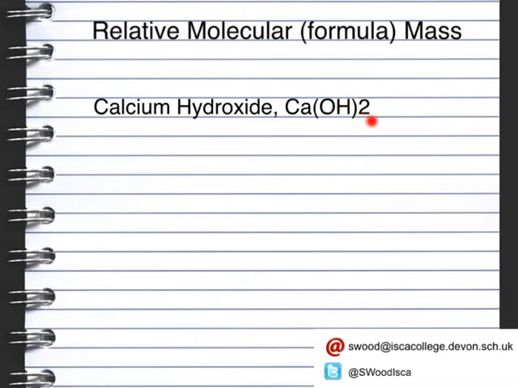This number outside the bracket could be a 2, it could be a 3, occasionally it may be a 4, but that's very, very rare. So let's have a look at the maths to add these up to see what we get as our relative molecular or relative formula mass.